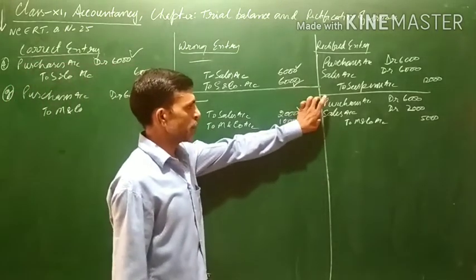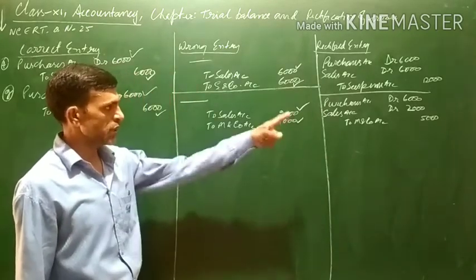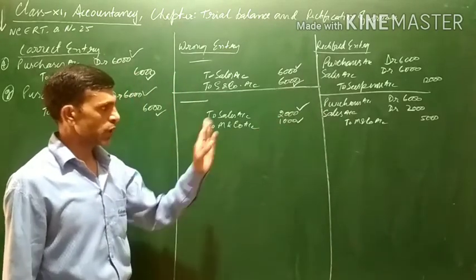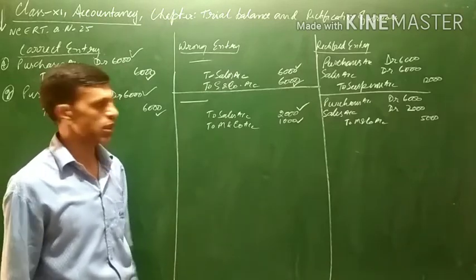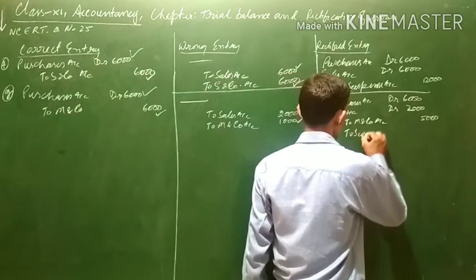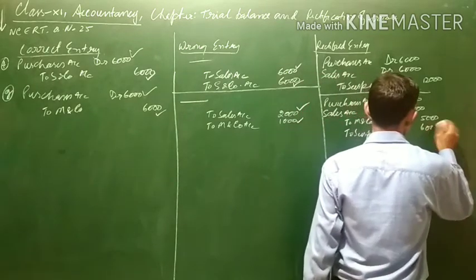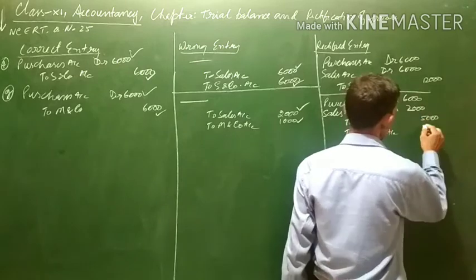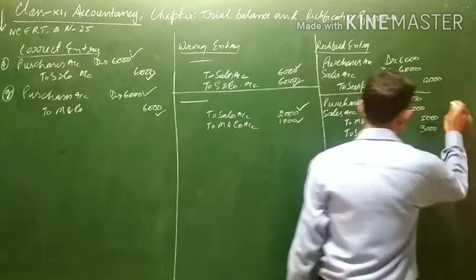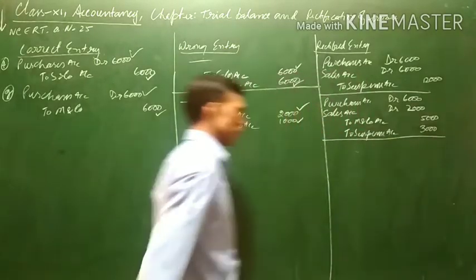Now you can see the debit part, the purchases and the sales: total debit is 8,000, but the credit is only 5,000. So a lesser credit of 3,000 is there. This 3,000 will be transferred to suspense account. 6 plus 2 is 8. Now the debit and the credit both become equal, 8,000.